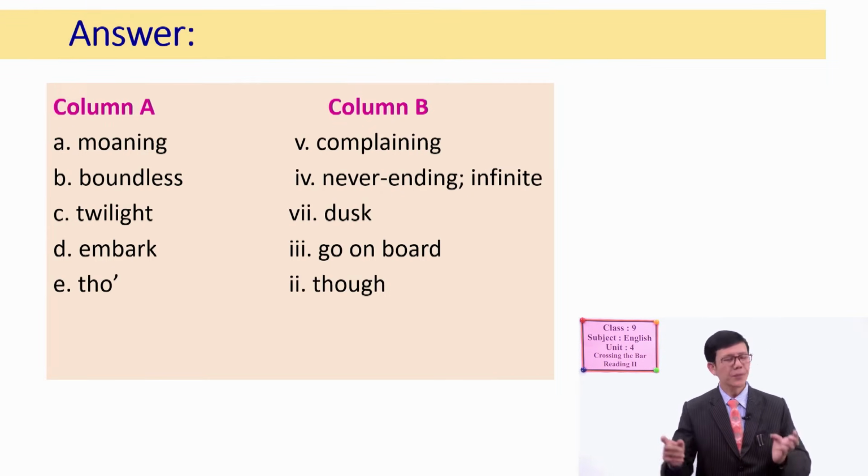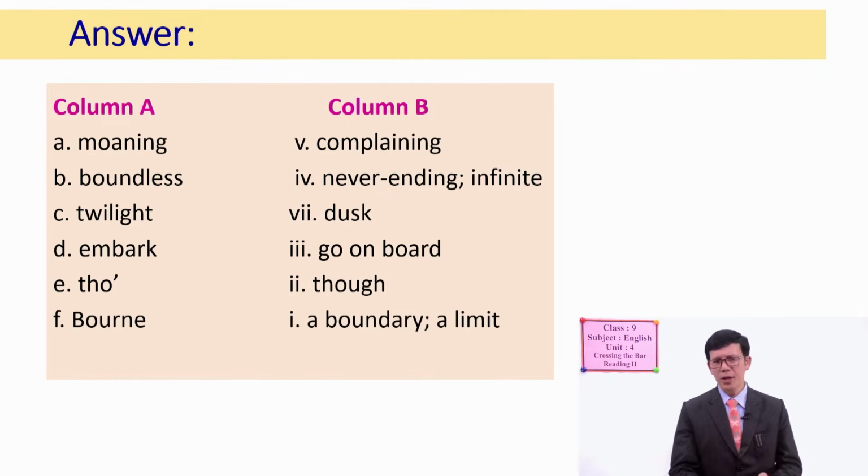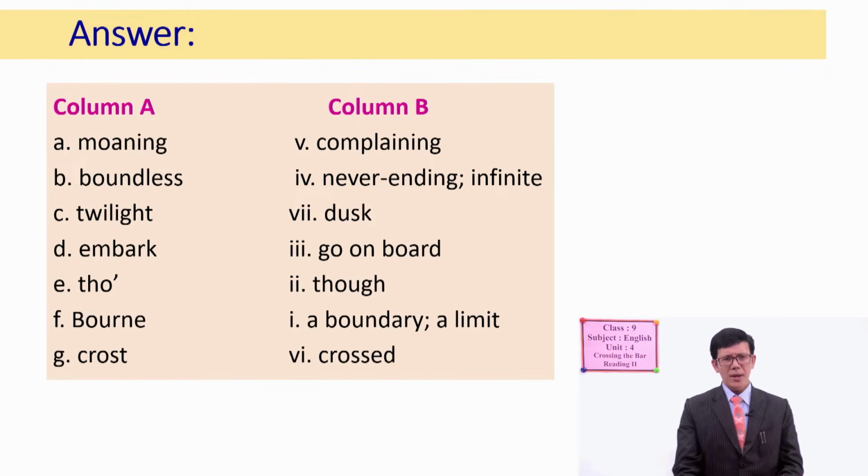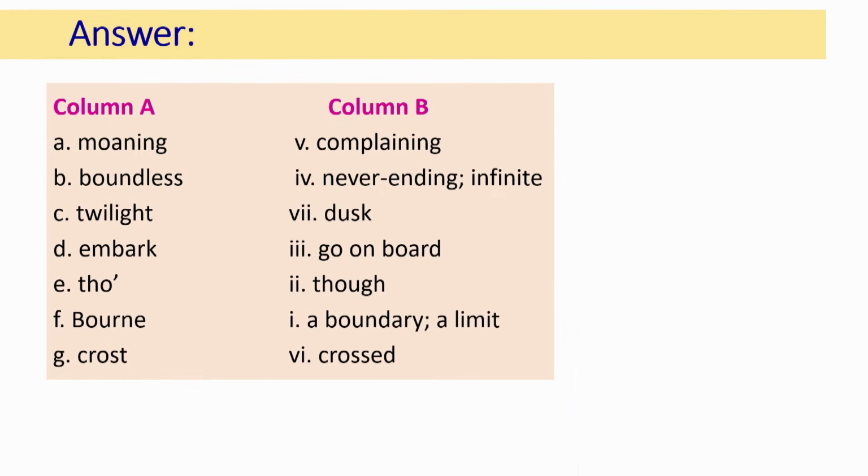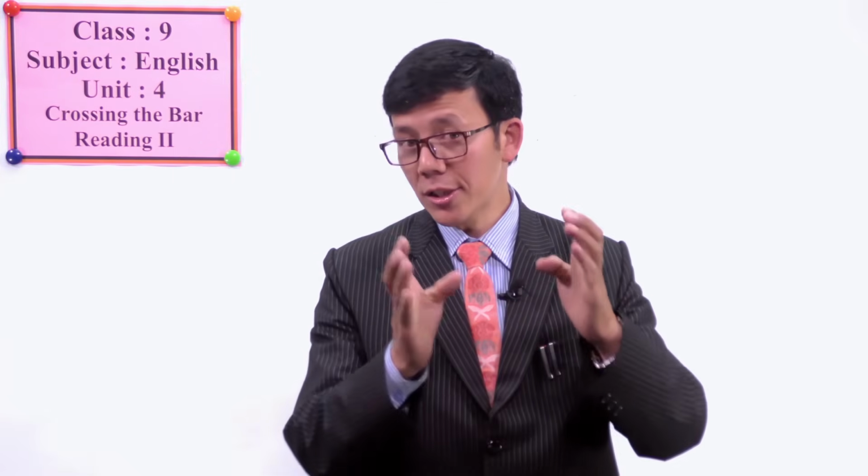Though means, yes, though. And the next word, bourn, means a boundary or a limit. And the last word, crossed, as we discussed. Perfect, dear students. You have done very well. These are the words in column A with their meanings in column B.